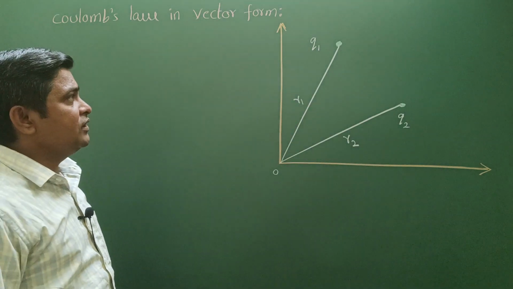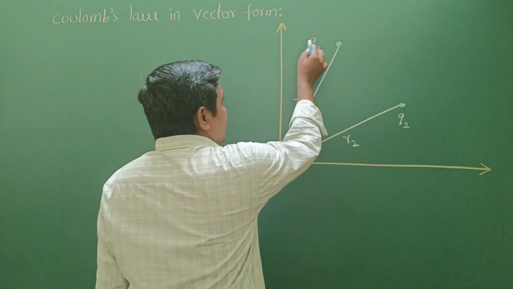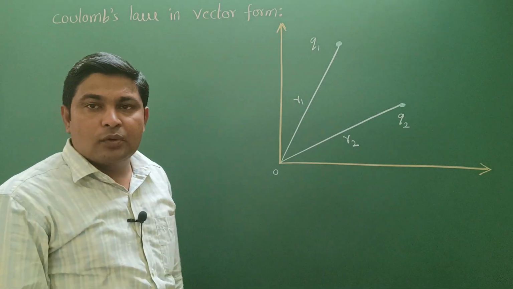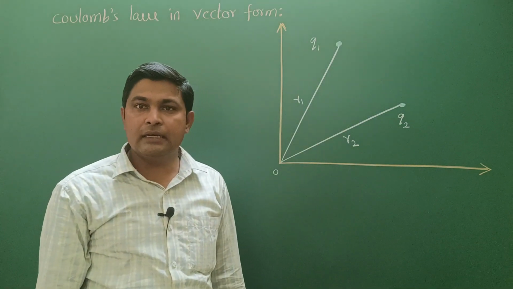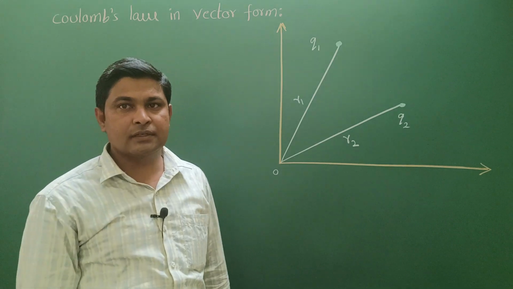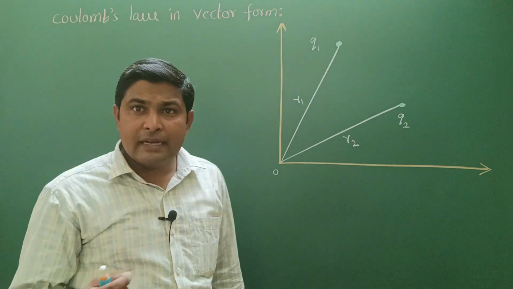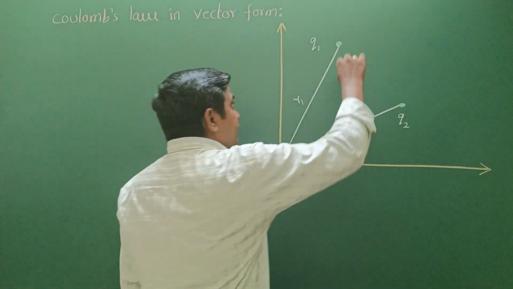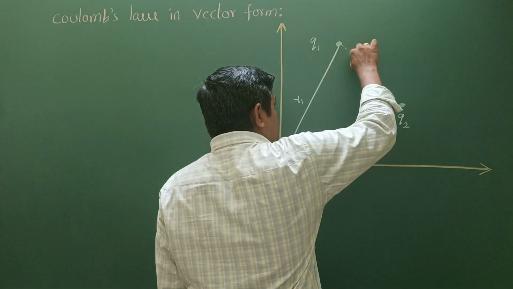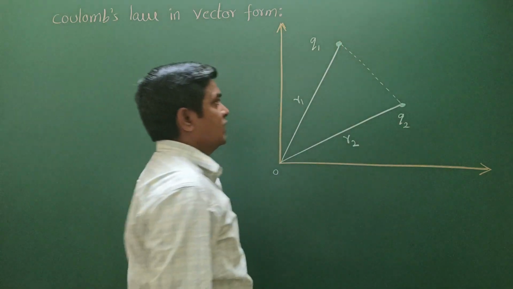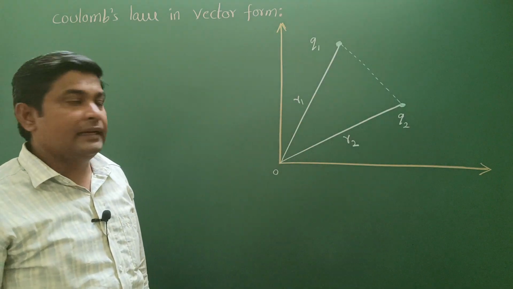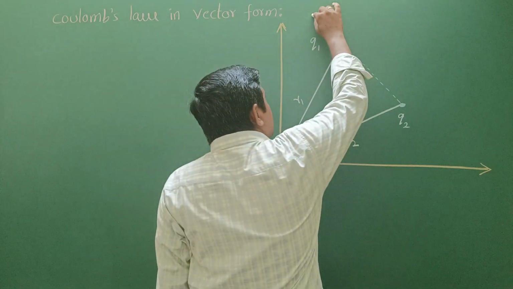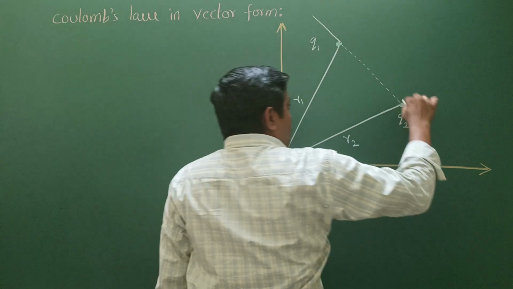But what about the force between these two charges? We are treating them as positive charges, because the sign convention is plus. What could be the force between them? Definitely it is repulsive, because they are like charges. Then what is the direction? In the previous video on Coulomb's law, we discussed that the force acts along the line joining those two charges. So along this line, what is the direction?